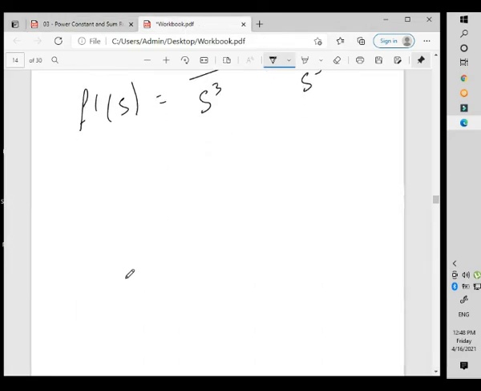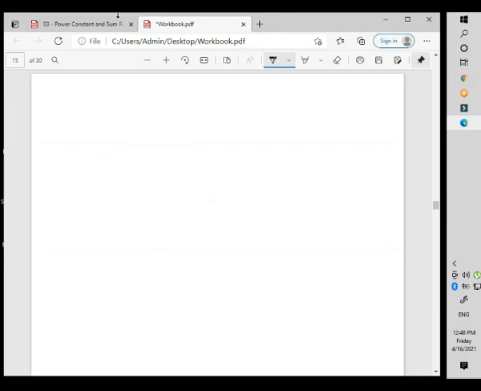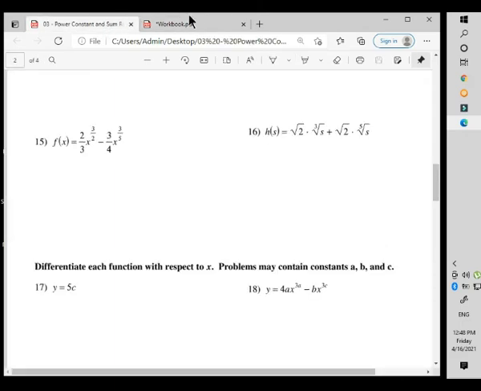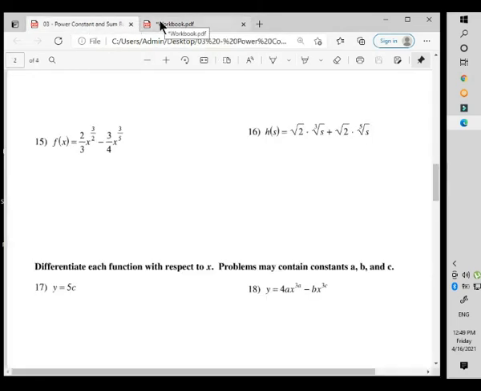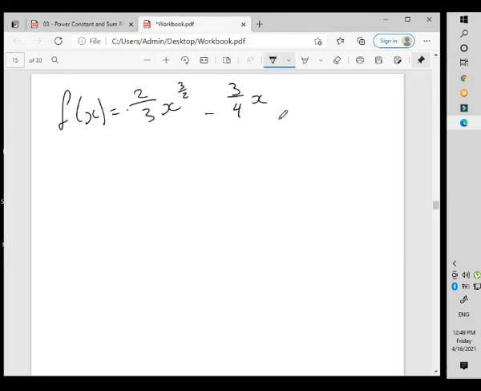Let me go back and check that just now. f of x is 2x cubed, x to 3 over 2. So f of x is equal to 2 over 3 x to the power of 3 over 2 minus 3 over 4 x with the power being 3 over 5.